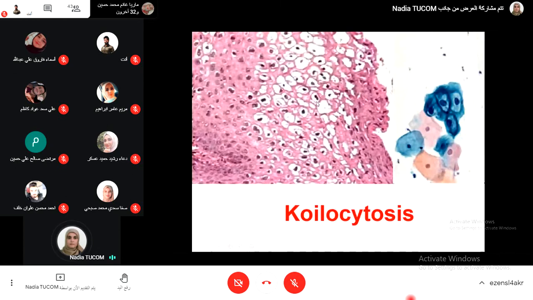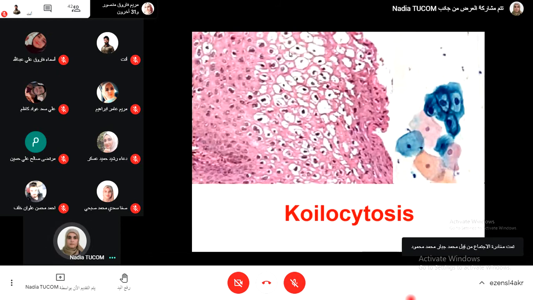Coilocytosis is the formation of a perinuclear halo with raisinoid or wrinkled nuclei. This is the cytological effect of human papilloma virus. This is by cytology and this is by histopathology. Shabab, you can identify these changes: large perinuclear halo or perinuclear vacuole with dark colored wrinkled nuclei.